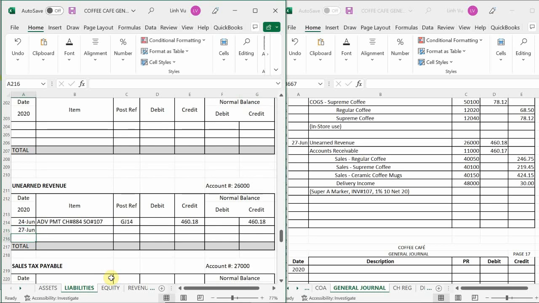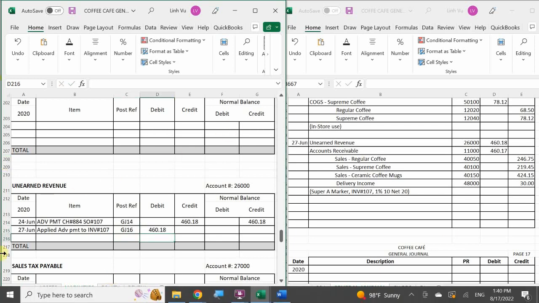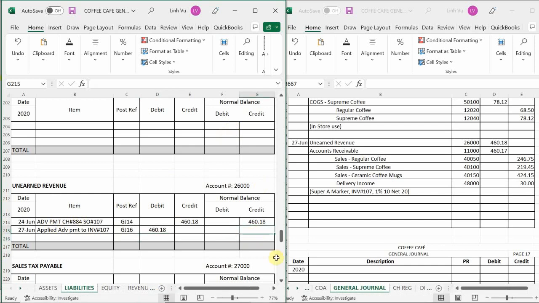I would put in there delivered sales order 107 or invoice 107. You can also say applied advanced payment to invoice 107. Okay, it was on page 16. I debited 460.18. So that would give my account balance to 0. Should be 0.